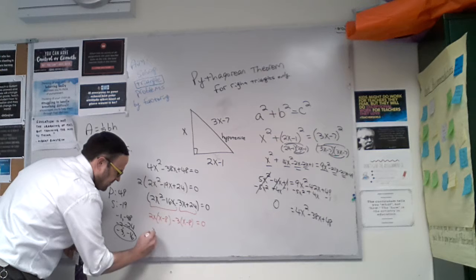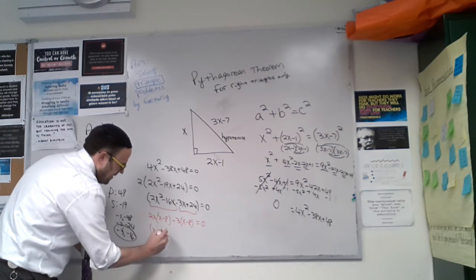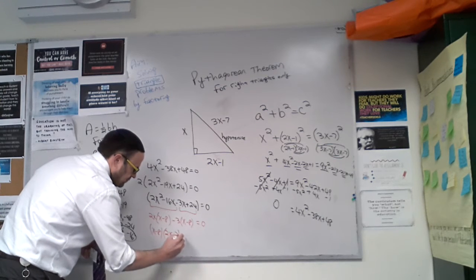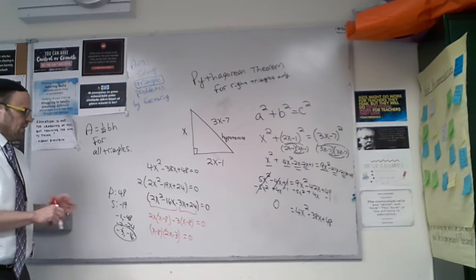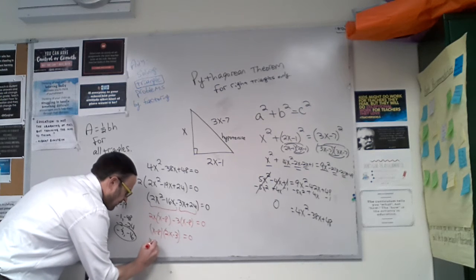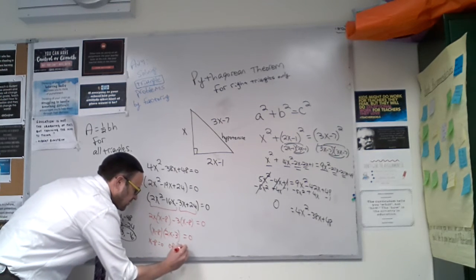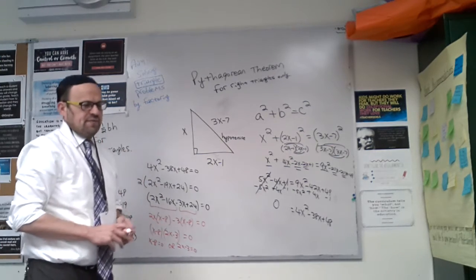So this becomes x minus 8 times, okay, at this point you're in the home stretch. I'm looking for x minus 8 equals 0 or 2x minus 3 equals 0.